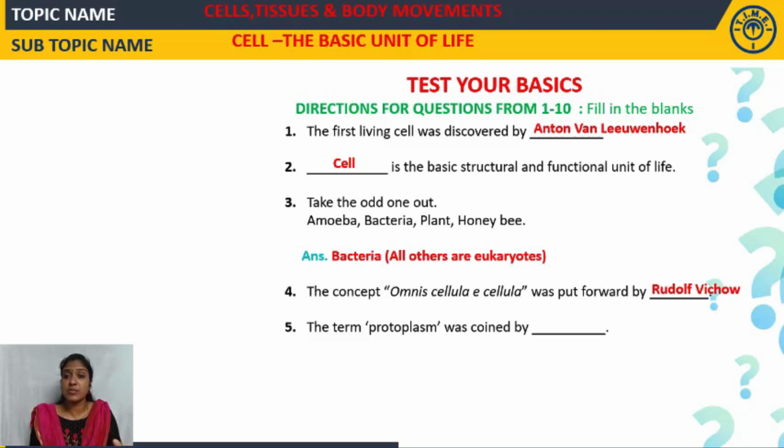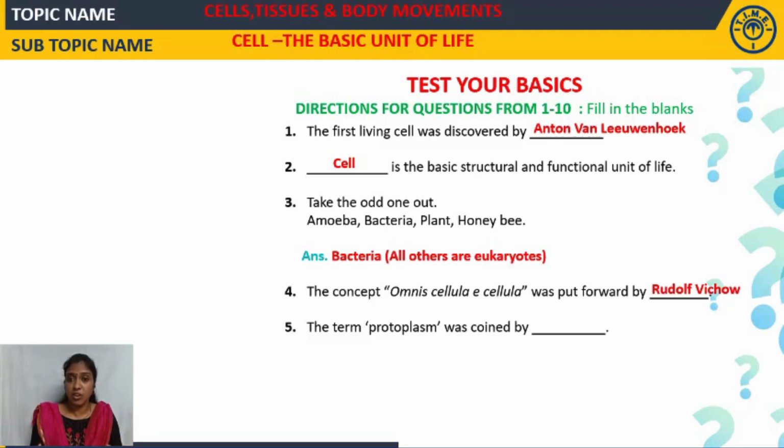Protoplasm is the living substance inside a cell. It constitutes all the cytoplasm, all the cell organelles and the nucleus. All these together constitute the protoplasm. So the term protoplasm was coined by whom? In the last session, we discussed the scientists and their contributions.